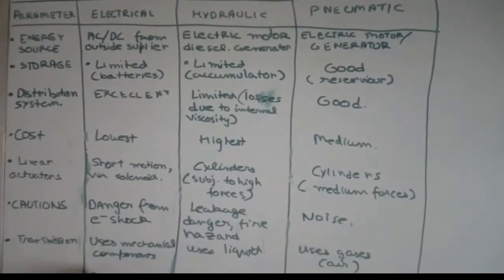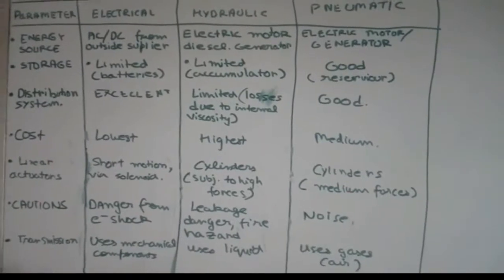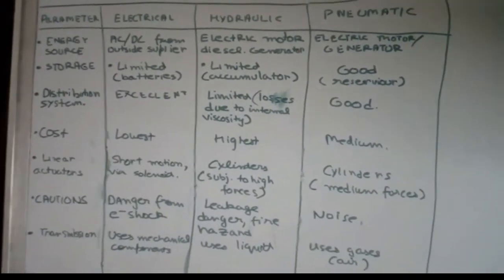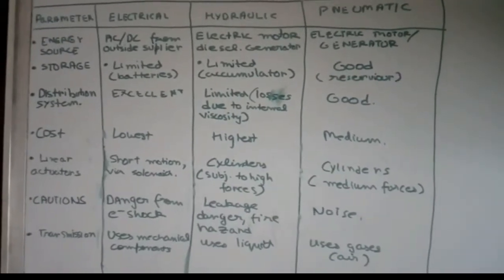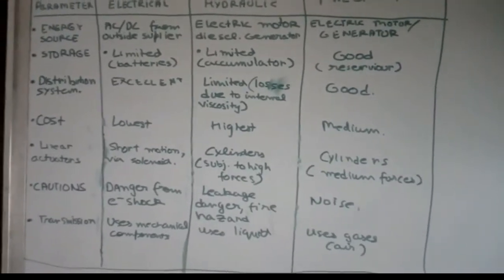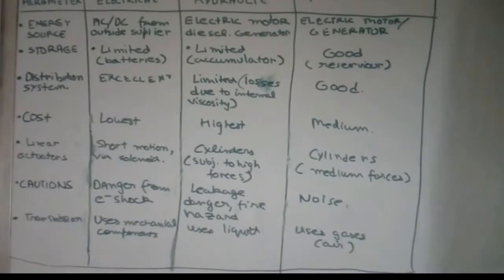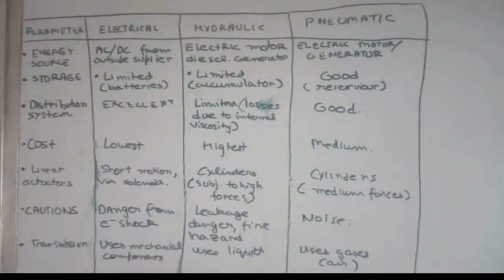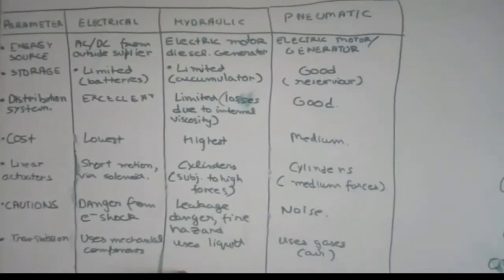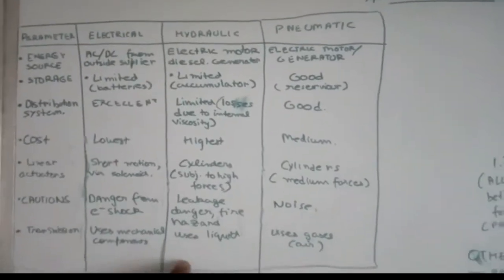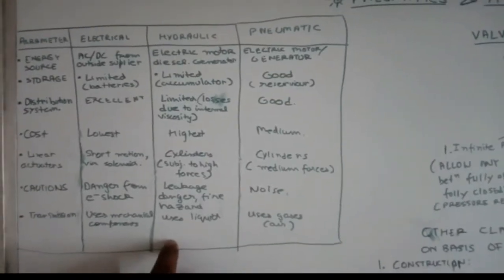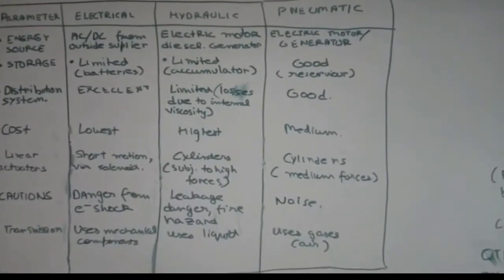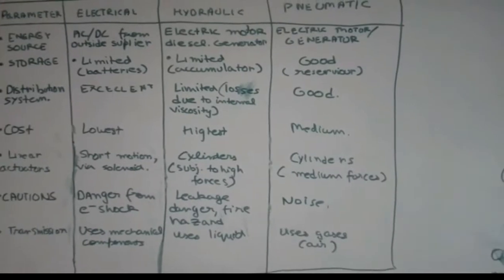Transmission uses mechanical components. All right, so any system which is using mechanical components and electricity to get the work out of it is called an electrical system. Hydraulics uses liquids. As I already told you, water is generally not used because water is very corrosive, so its transmission properties are not so good.